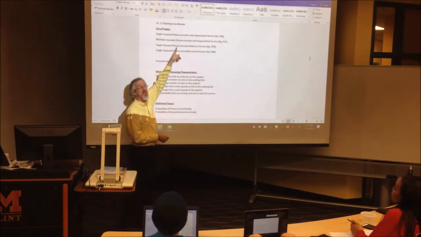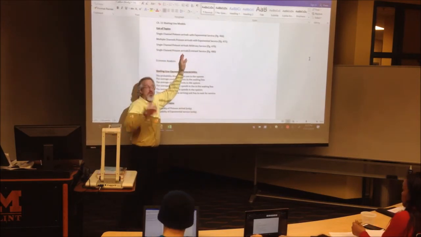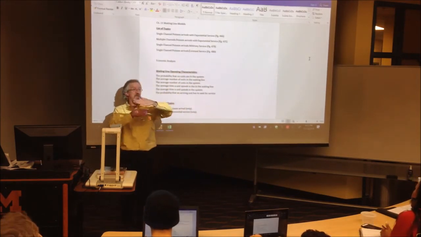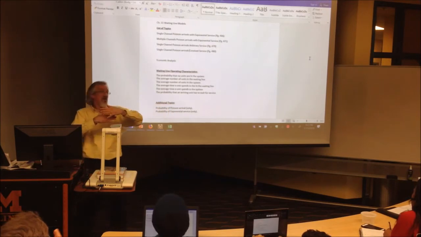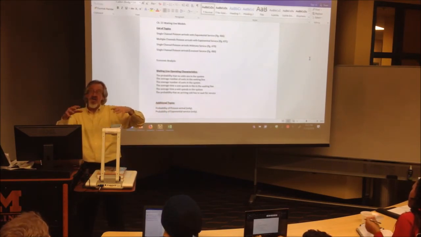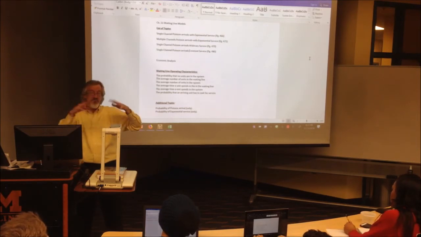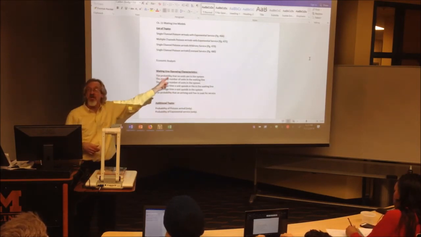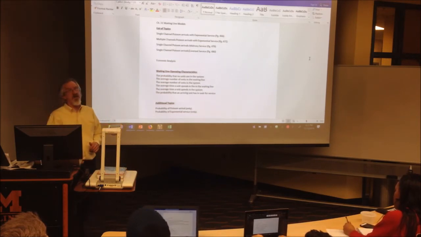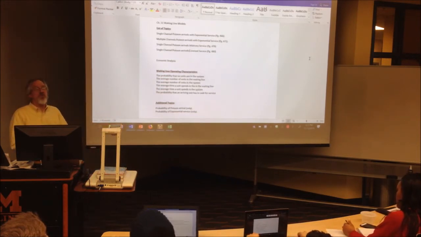Do process of elimination: get arbitrary out of your mind, get constant out of your mind, and now you're down to just the 2 exponentials. You just have to figure out, is there only one providing service, or is there more than one providing service at the same time? If there's more than one, you jump to multi-channel. That's the process you're going to have to use if you want to get to the right one fast. Those are your 4 big hints.